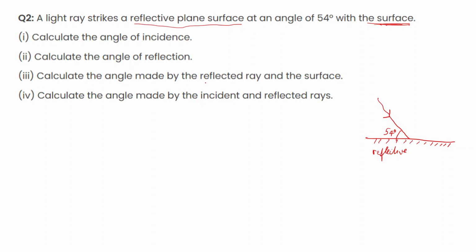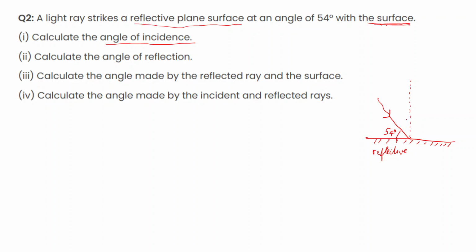This is the information given to us. Now, the first part of the question is to calculate the angle of incidence. From what we understood a few minutes ago, whenever we have a reflecting surface, first we have to consider an imaginary perpendicular to it, and at the point of contact of this imaginary perpendicular line, the angle of incidence and angle of reflection share a common point and they are in the same plane.